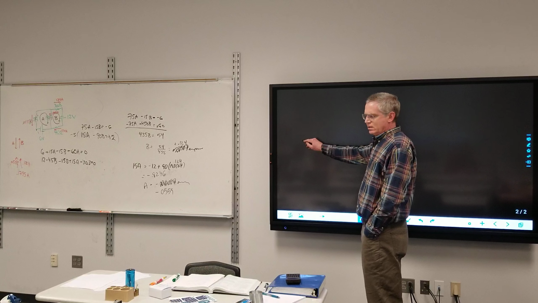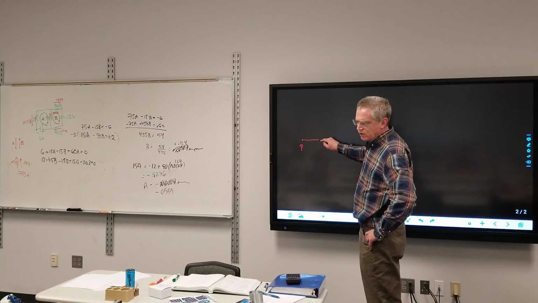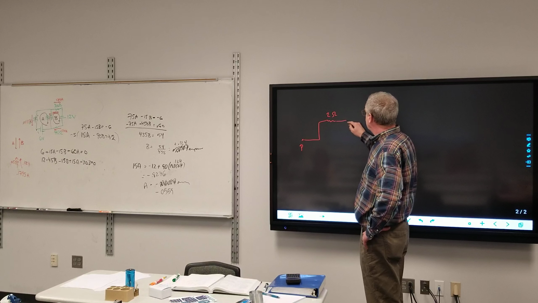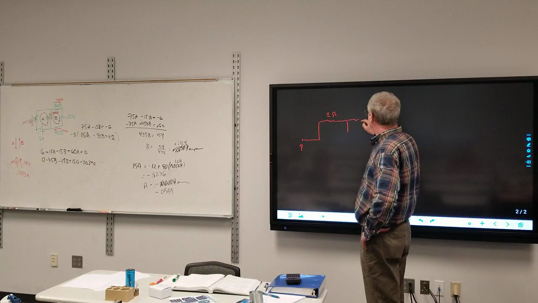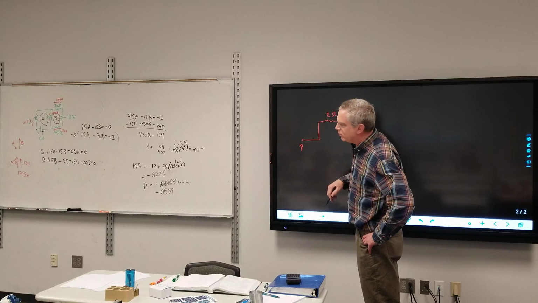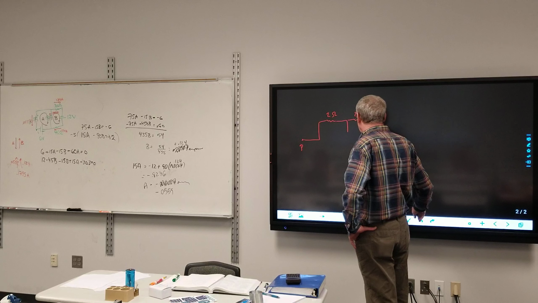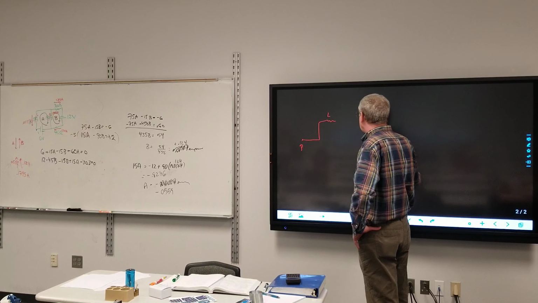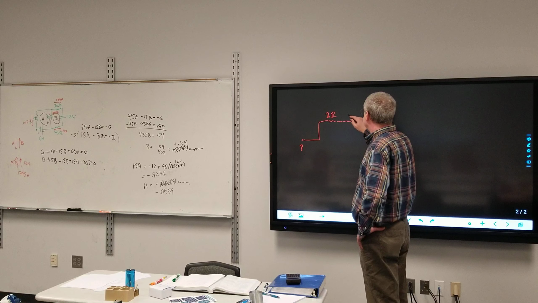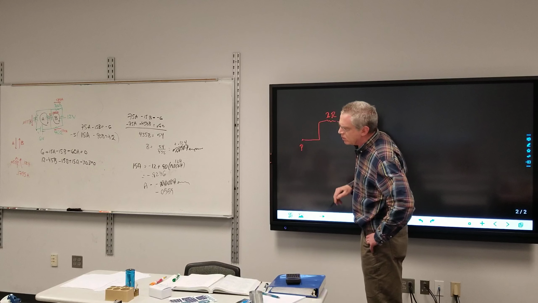alright, so you've got point P over here, it cruises along, you've got 2 ohms here, you've got a junction, 2 ohms there. Oh, no, sorry, not 2 ohms, 2R, whatever that is. So 2R, 2R, this is 2R also.